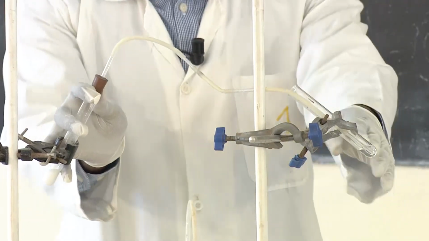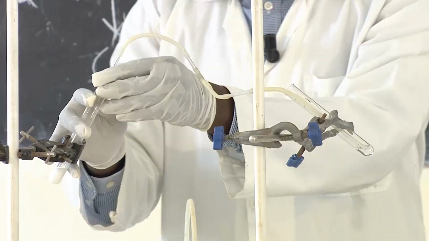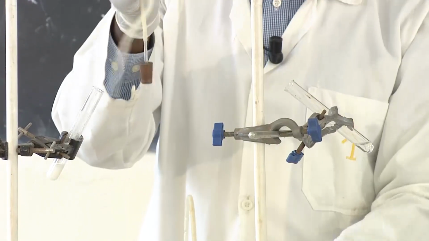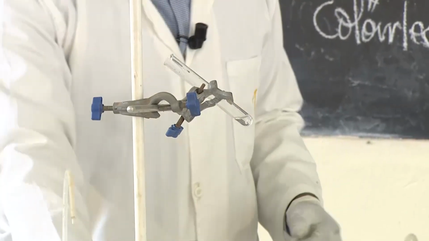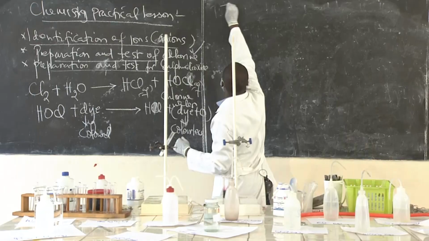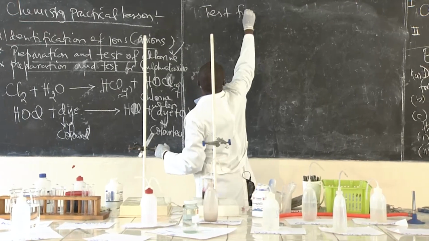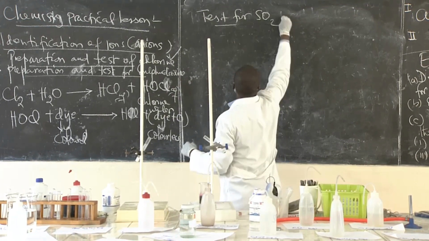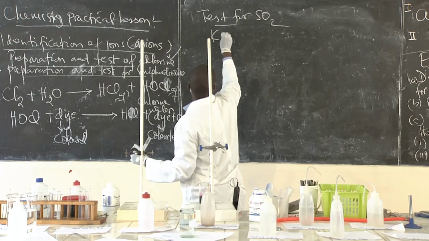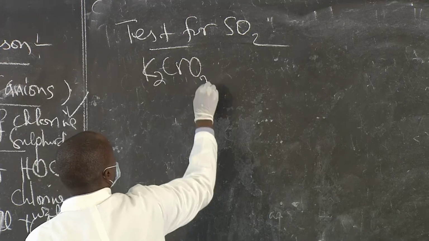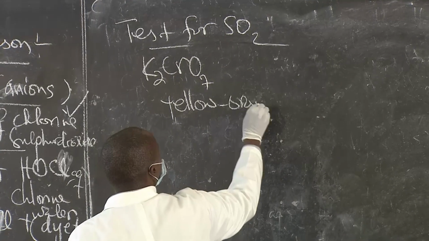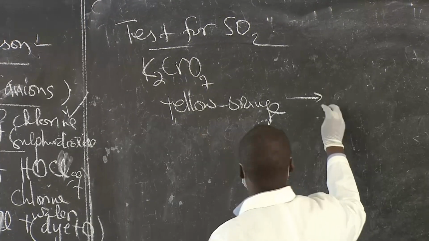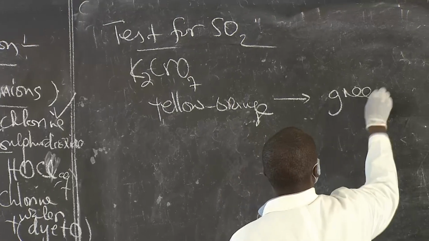The color of the potassium permanganate turned colorless. So those are the two reagents that we can use to test for sulfur dioxide. So we have potassium dichromate, which is yellow-orange, and it turned to green.